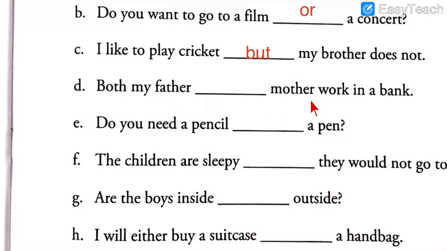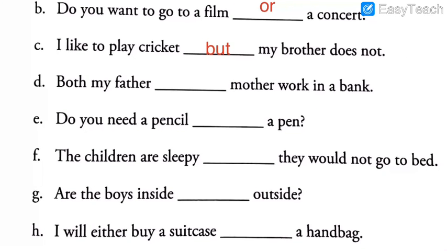Both my father dash mother work in a bank. Both my father and mother work in the bank will be the answer. Now, your duty is to understand why I have written and here. Both my father and mother work in the bank.